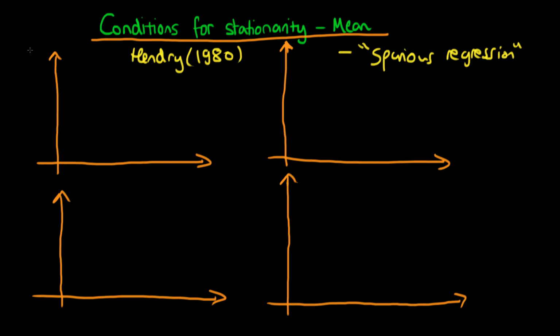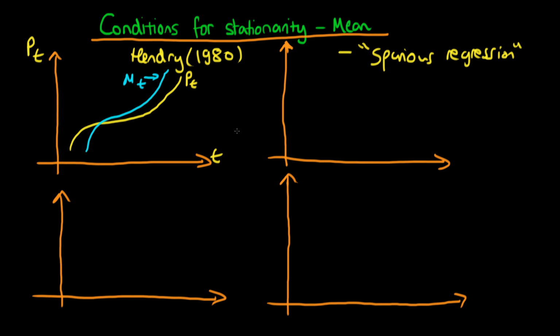So the idea with Hendry's paper is that he was trying to explain changes in the price level across time. So there is some sort of price series which looks something like this. This is PT. First of all, he built a model using the money supply as an explanatory variable. The money supply looked something like this blue line which I'm drawing here.